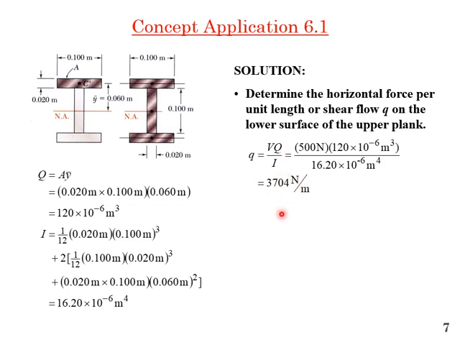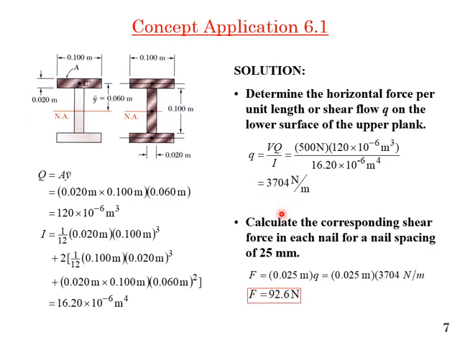Now we know the spacing between the nails, that is 25 millimeters. So calculate the corresponding shearing force in each nail for a nail spacing of 25 millimeters. So the force on each nail will be 0.025 meter multiplied by q, and on each nail a shear force of 92.6 Newton is supplied.